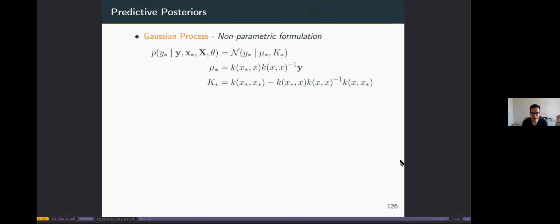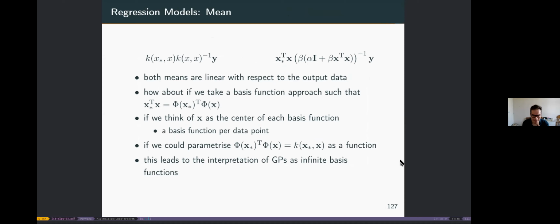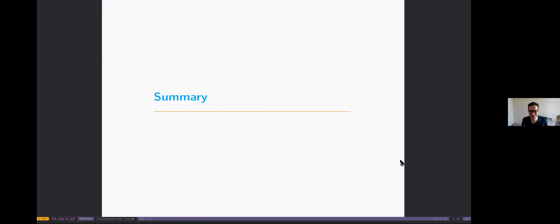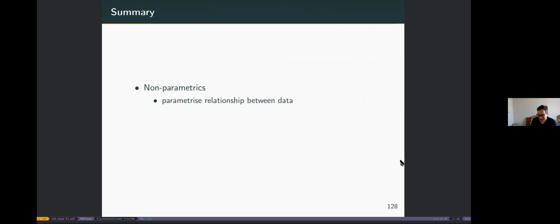So I think I'm going to wait with that one for next time because we're running a little bit out of time. So that's basically Gaussian processes. The things that we talked about were non-parametrics and a non-parametric formulation of functions.